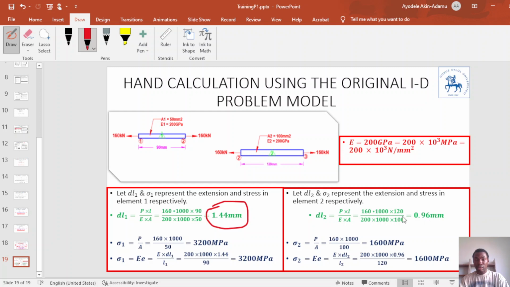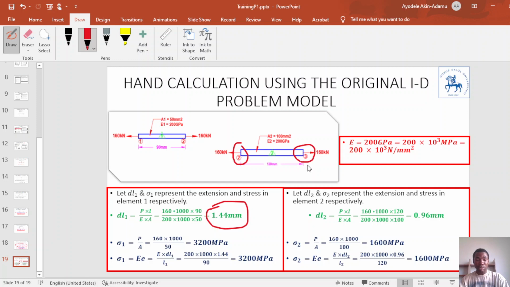And this 0.96 is gotten from the Q value in node 3 minus the Q value in node 2. And we know that our Q value at node 3 from our finite element calculation is 2.4, and our Q2 value is 1.44. So if we subtract 1.44 from 2.4, we'll get 0.96.